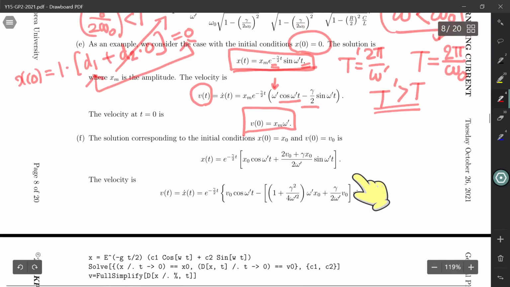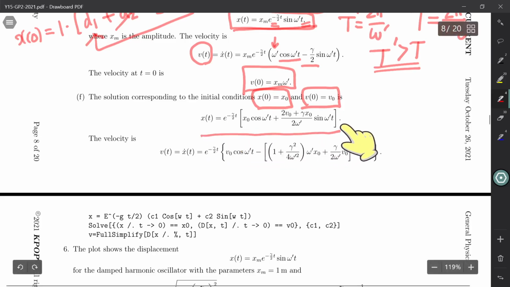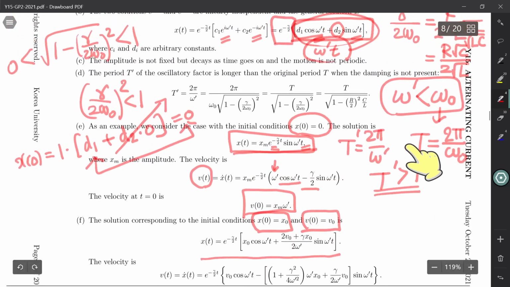This solution corresponds to, let's consider another case. If x0 is given like that and velocity at t equals 0 is given as v0, then you can find the solution is simplified as this.